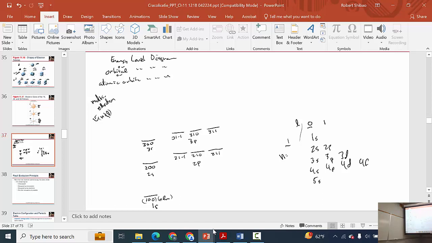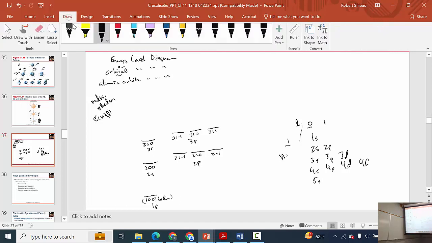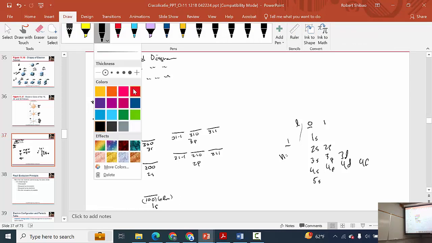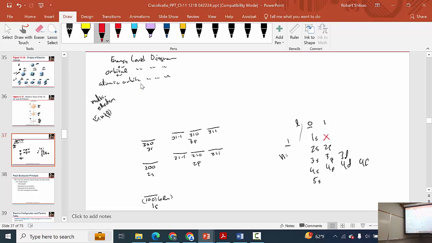Is that possible or is that forbidden? It's forbidden. So when n is equal to 1, I can have 0, but I can't have 1. I can't have 1 because the max is n minus 1, which is 0.